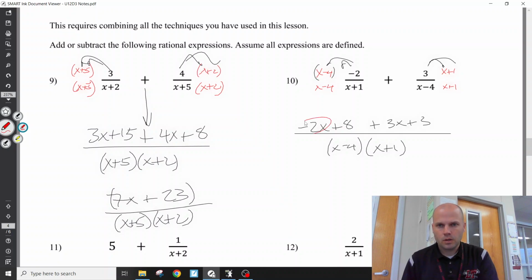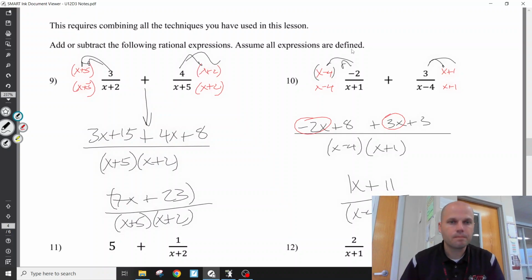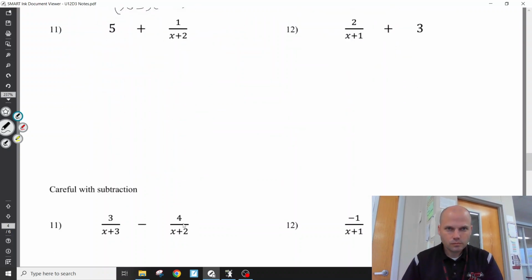Boom. Negative 2x, positive 3x, 1x plus 11. Done. Okay. Now let's look at another one.